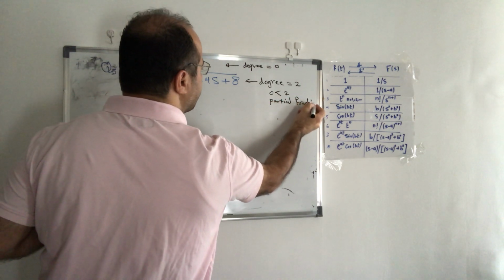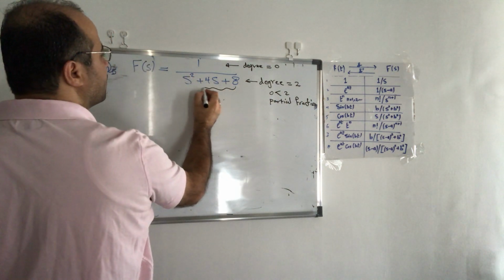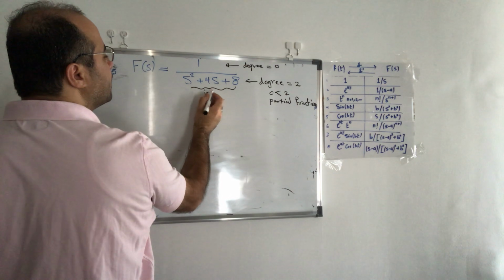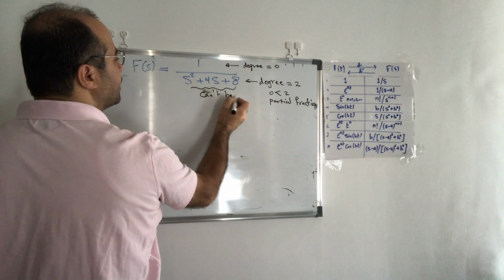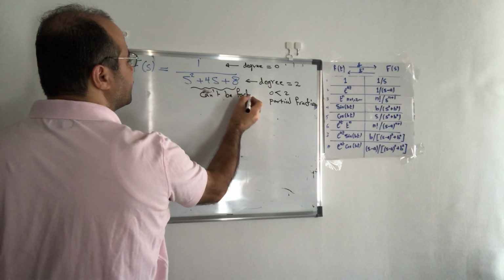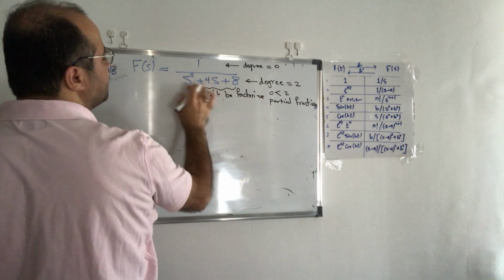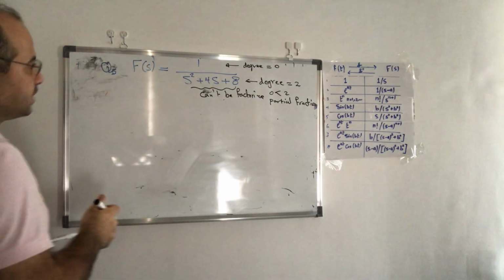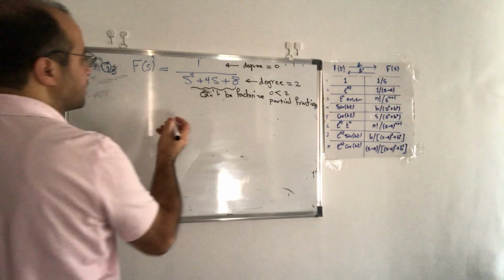But there is a special case. It says if this is irreducible, is this reducible or irreducible? It will be irreducible, it cannot be factorized, maybe because b squared minus 4ac is negative, right? In this case you need to complete the square.